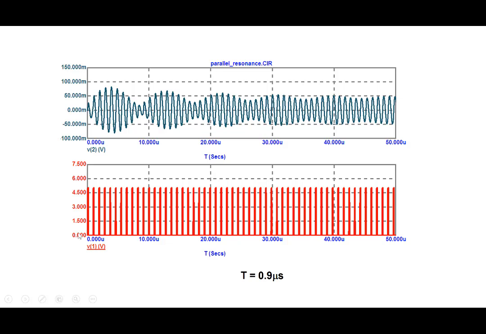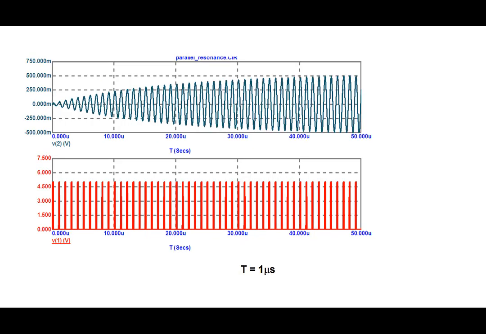Now, if I match the frequency of this input to the natural frequency of the system, note what happens here. The rate at which I'm applying my input matches the natural frequency, and the magnitude now reaches 500 millivolt, about 10 times higher.